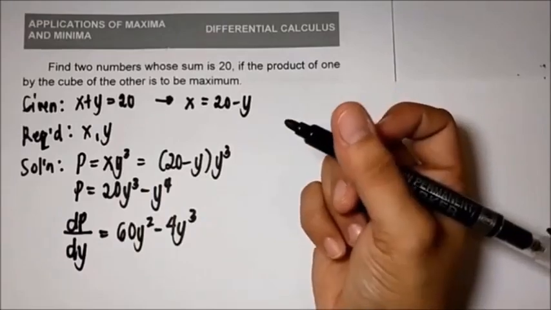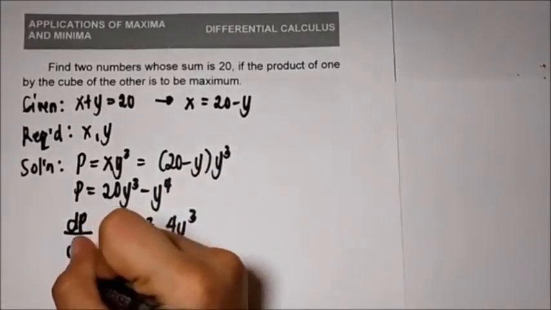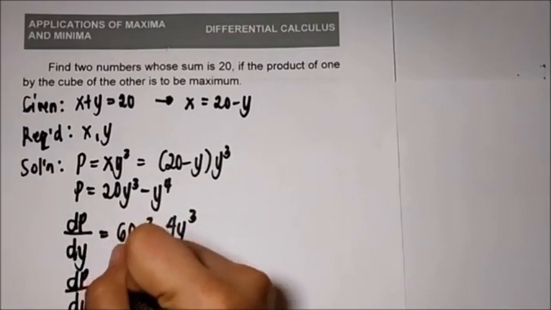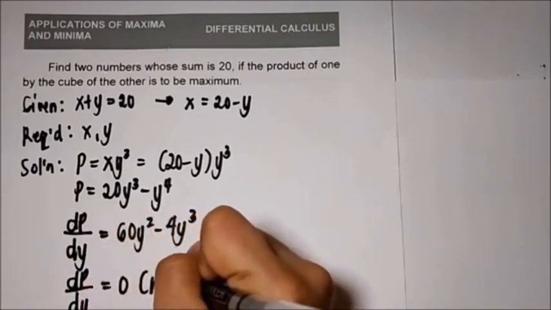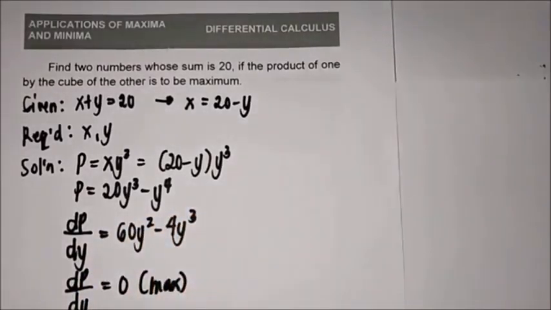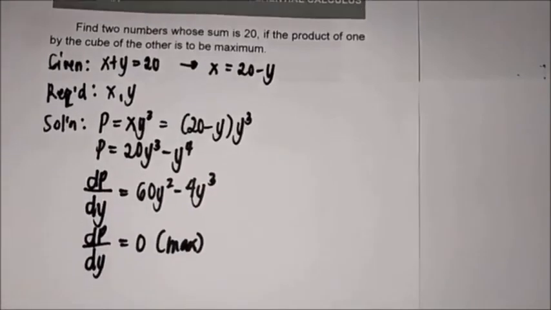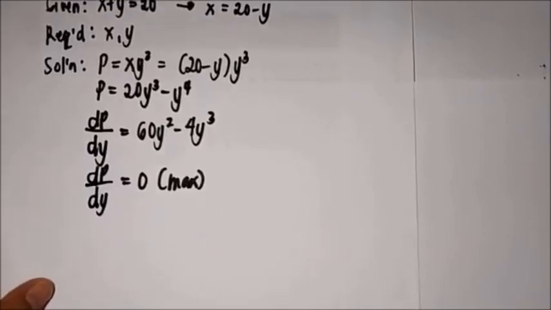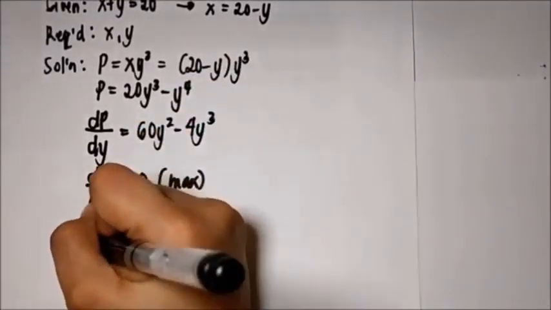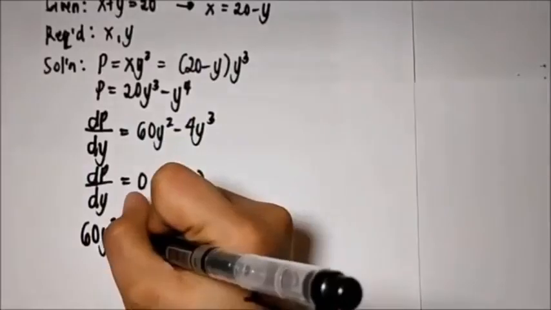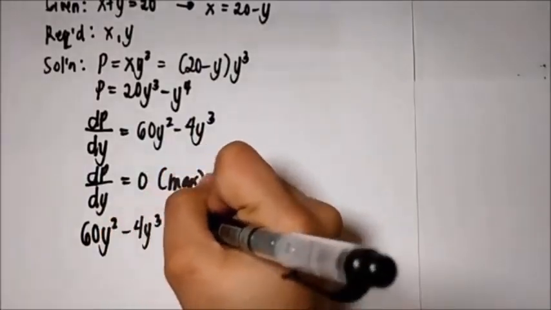And since the product is maximum, dP over dy is equal to 0. So 60y squared minus 4y cubed equals 0.